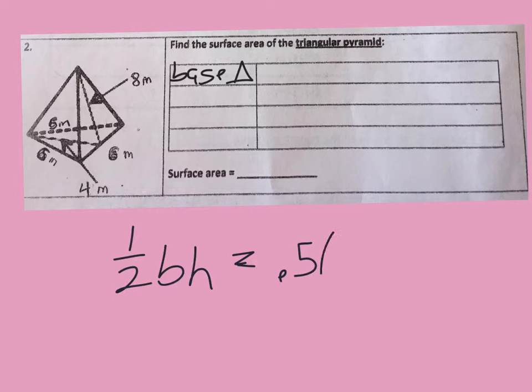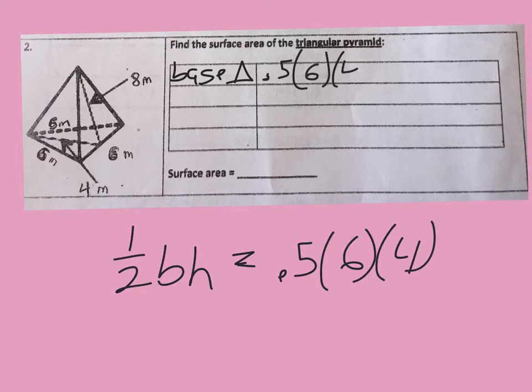So I can write that in right here, 0.5 times 6 times 4. If you do that calculation, you should get 12 meters squared for the base.